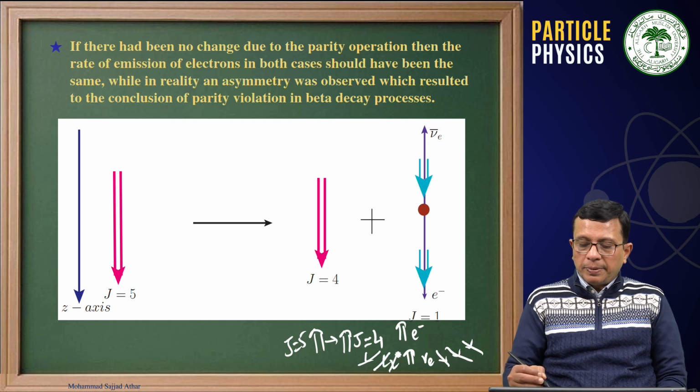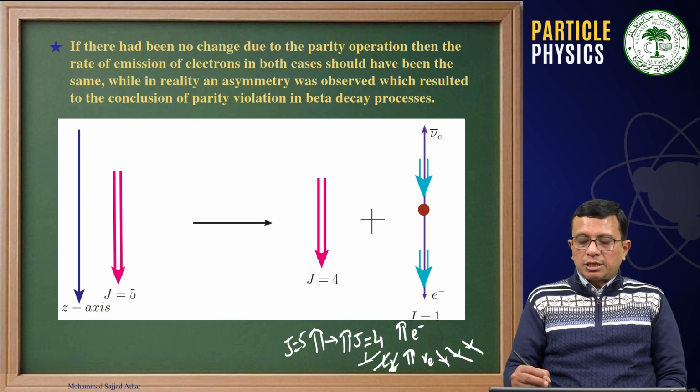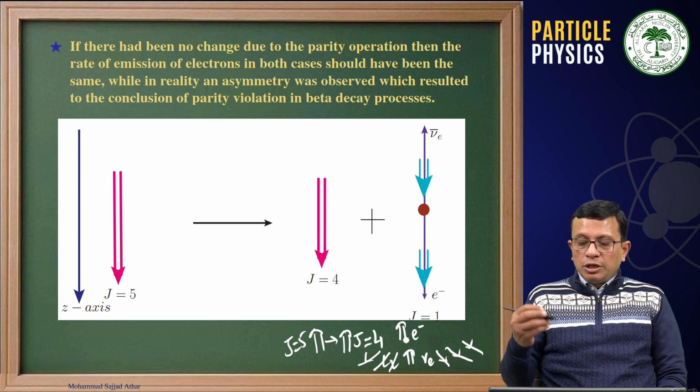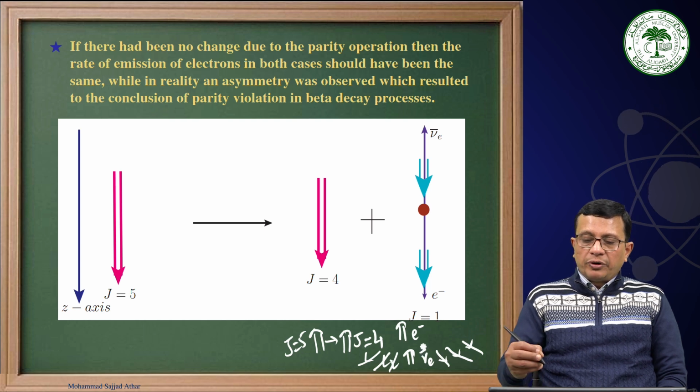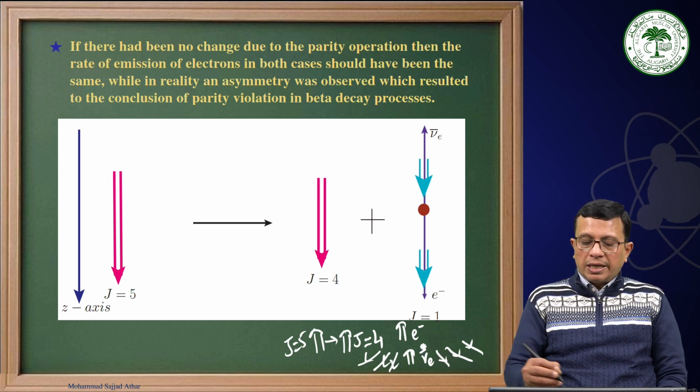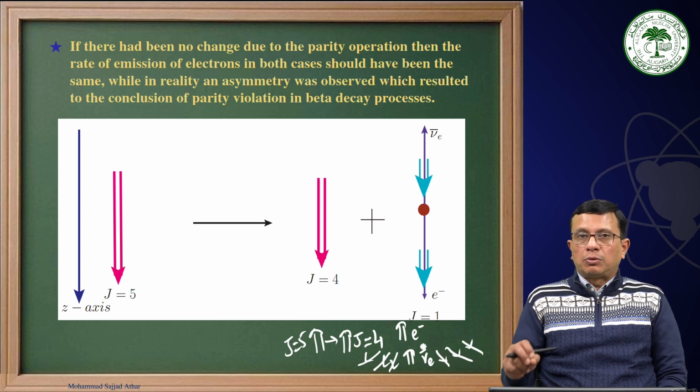Southern hemisphere means that the momentum of these electrons is opposite to the direction of the spin of the electrons. And that is happening because neutrinos have definite helicity. They will always be left-handed particles and antineutrinos will always be right-handed particles.